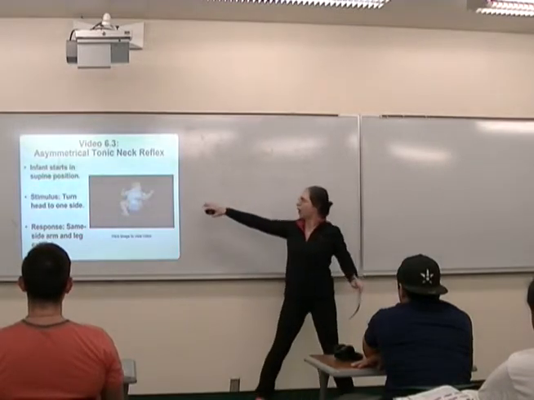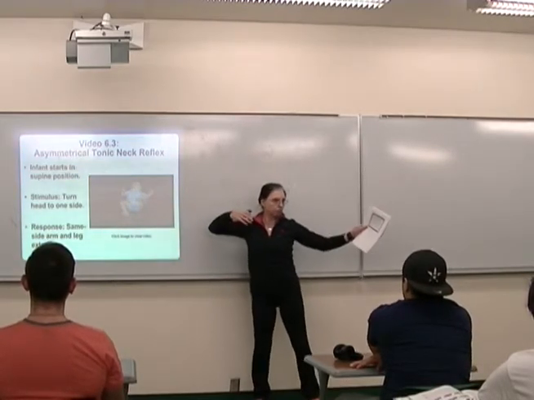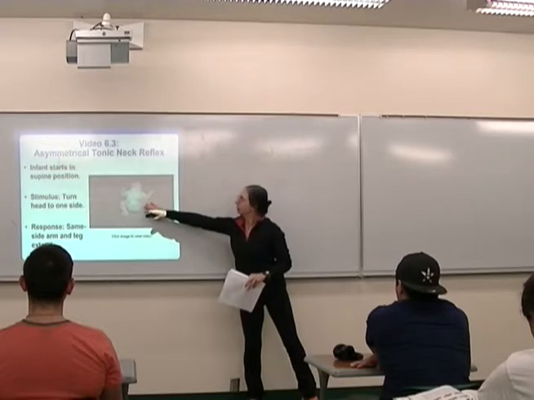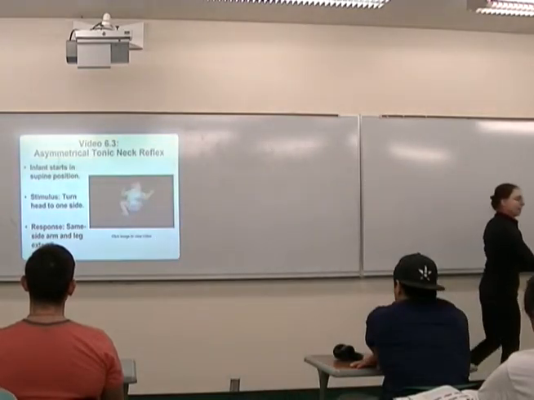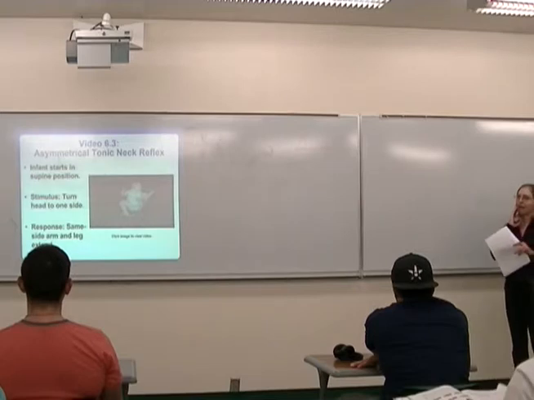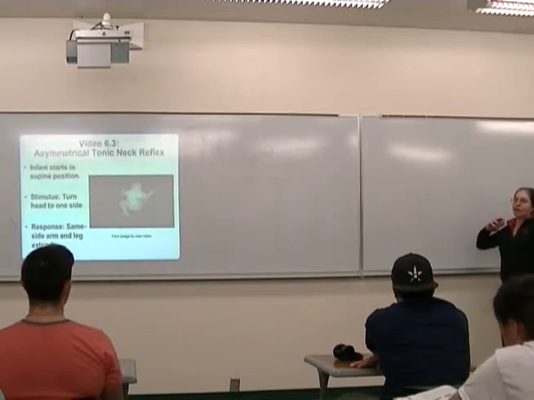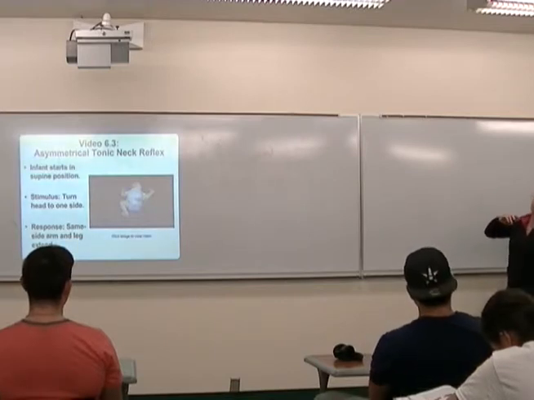They call it an archery, sometimes a fencing position. If you think about that, if you put the baby down, you don't want the baby to roll and smother itself. If you turn the baby's head, then that leg and arm extending would stop the baby from rolling.